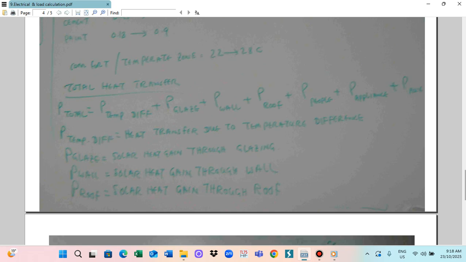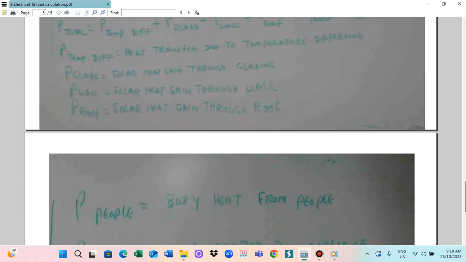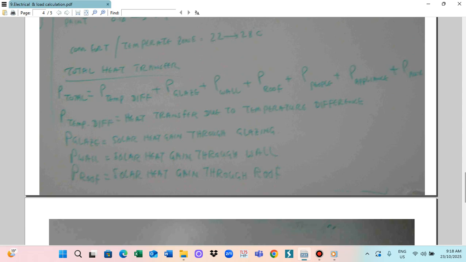So we calculate the heat flow due to temperature difference.